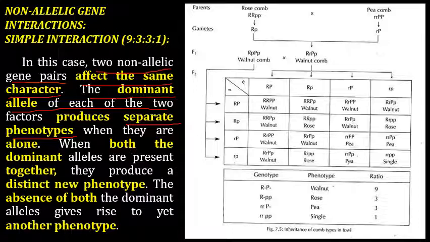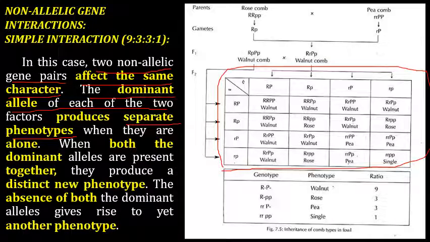Now we turn towards the F2 generation. When the walnut comb is selfed, in the Punnett square we will see what types of genotypes and phenotypes occur in the F2 generation. This Punnett square is in front of you.